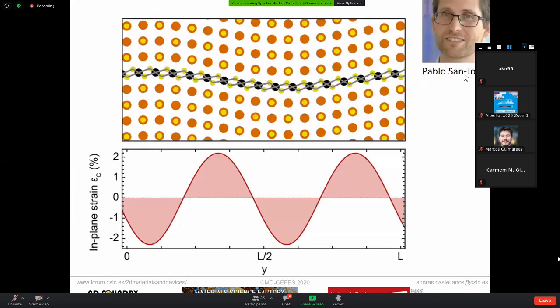Our colleague Pablo San Jose made a simple mechanical model, including the different terms, the interlayer interaction, the bending rigidity, the shear forces, etc., and found that the interaction between the layers, the weak van der Waals forces, is strong enough to distort the lattice of the two layers in order to make them commensurate.